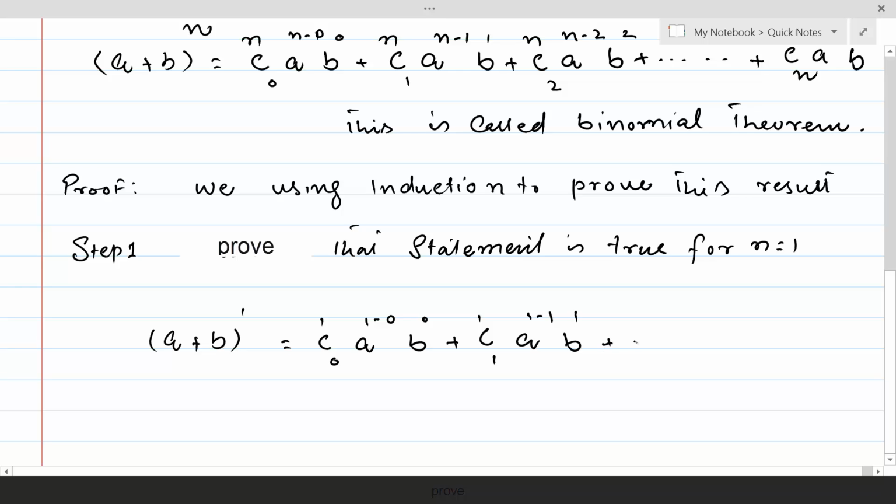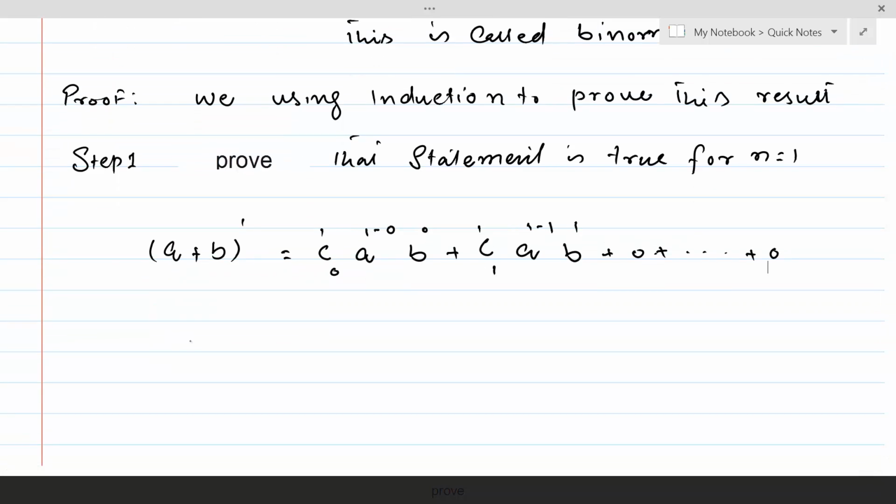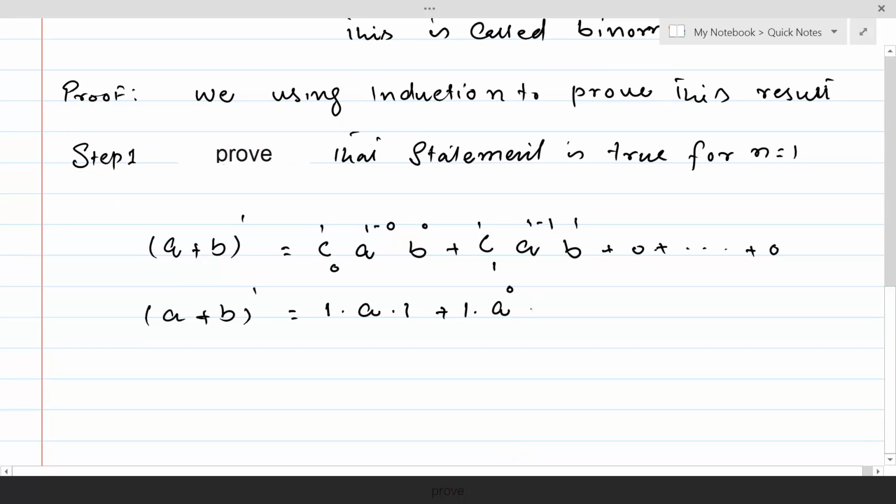That's it. Everything else will become 0, because if the subscript becomes bigger than n, then that becomes 0. So (a plus b) power 1 is equal to 1C0 is equal to 1, and a power 1 minus 0 is a, b power 0 is 1, plus 1C1 is again equal to 1, a power 0 is 1, but we'll put that value in the next term, b power 1.